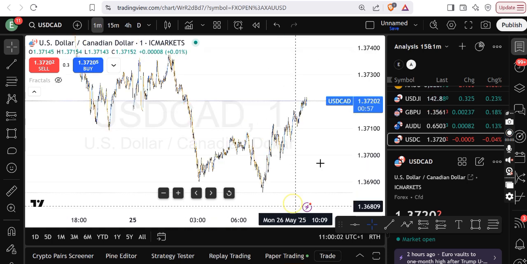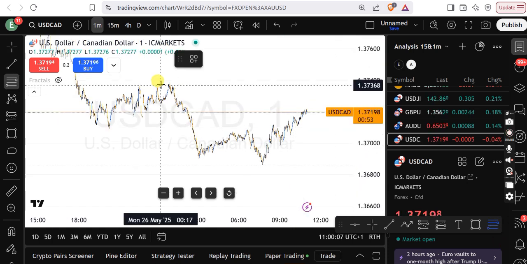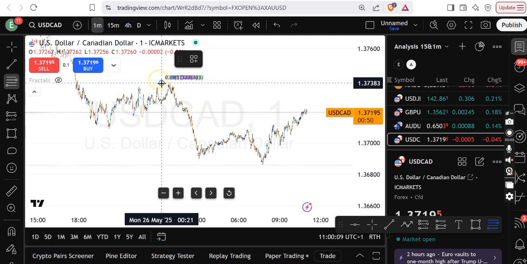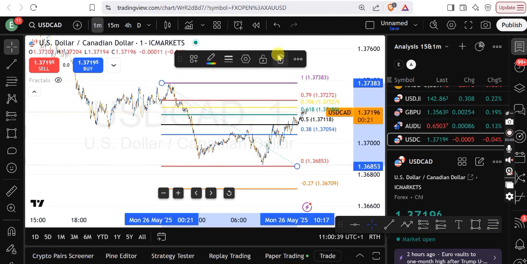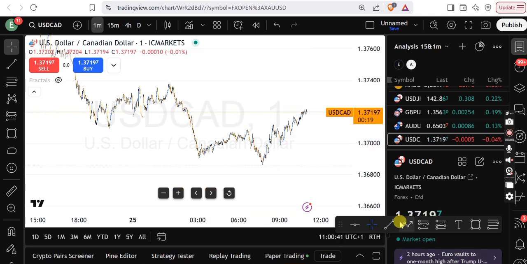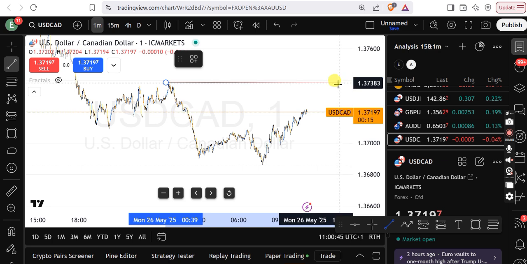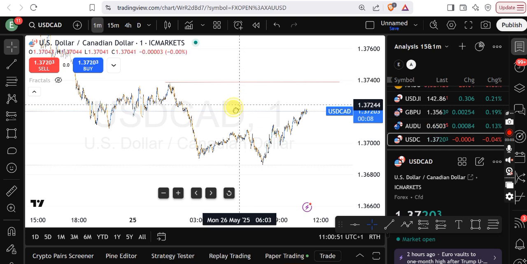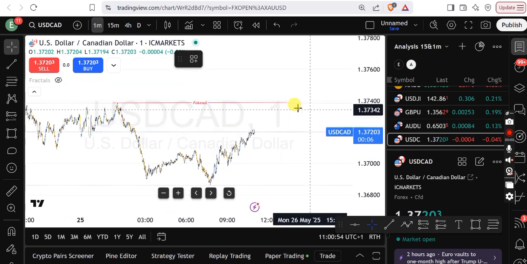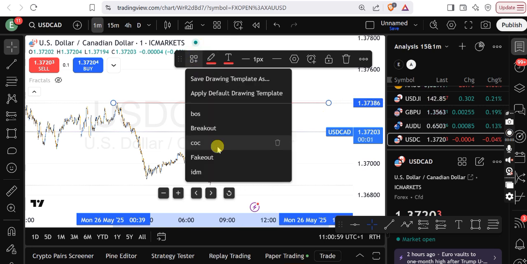On the 1 minute, you can see the last impulsive move right here. So we're going to use the Fib tool to see the impulse and if there was a correction. You can see the impulse, and you can see where our entry is most likely going to be.